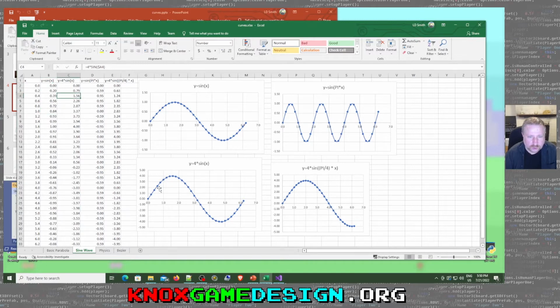Then if we do 4 times sine of x, it goes to a maximum of 4 and minimum of -4. And then if we do pi times x, we get this one right here where it crosses over at 1, 2, 3, 4, 5, 6. And then the final one is 4 times sine of pi over 4 times x. So that'll get us the same maximum of 4, then cross over at 4.